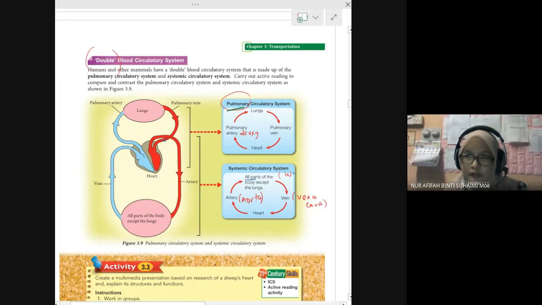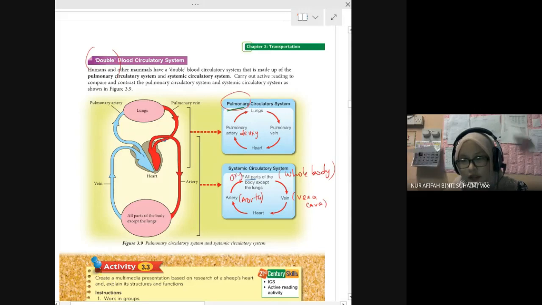In the pulmonary circulatory system, the pulmonary artery and pulmonary vein go to the lungs, and from the lungs to the heart.